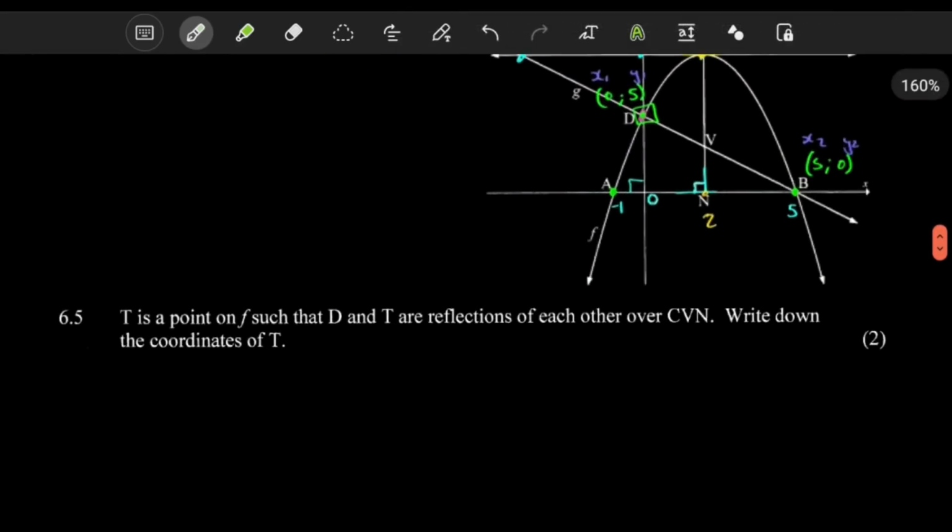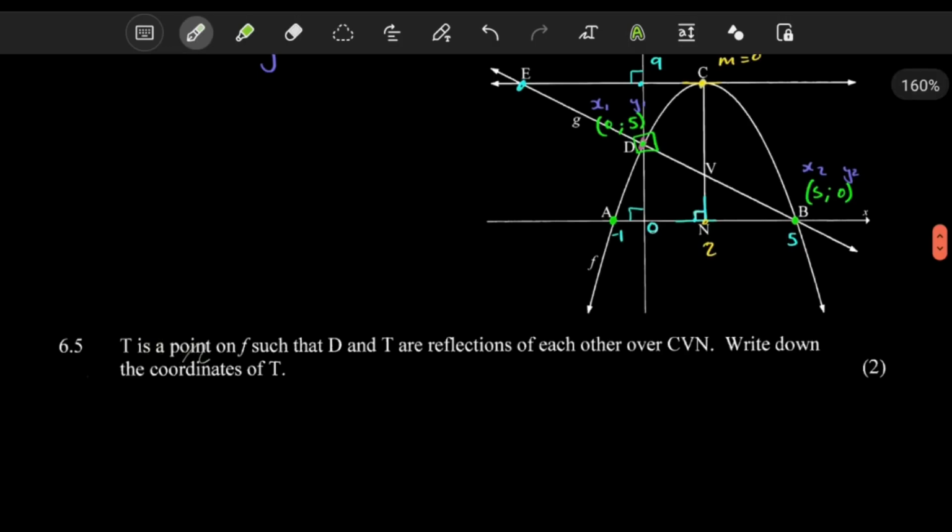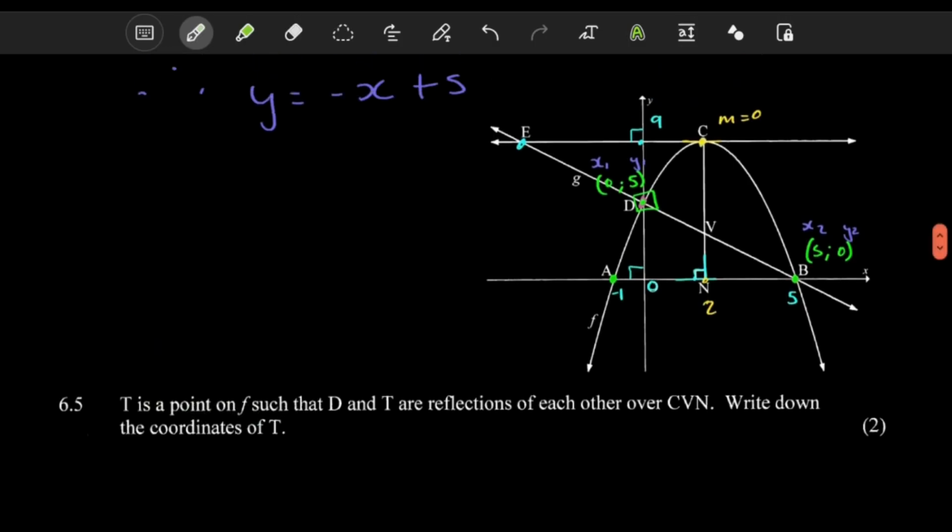So with the image here, they said t is a point on F. I think I should have taken a screenshot of the plain one, but this is fine. T is a point on F such that d and t are reflections of each other over CVN.